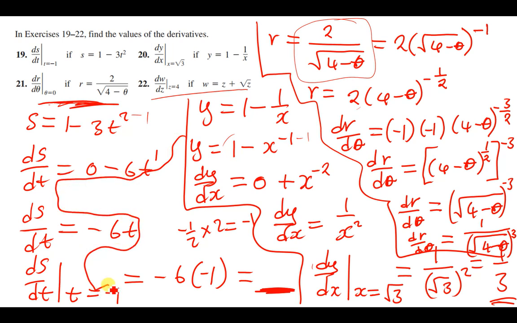So simplifying this further will give us the r d theta as 1 over, forget about this, just consider this, 1 over 4 minus theta, multiplied by the square root of 4 minus theta.